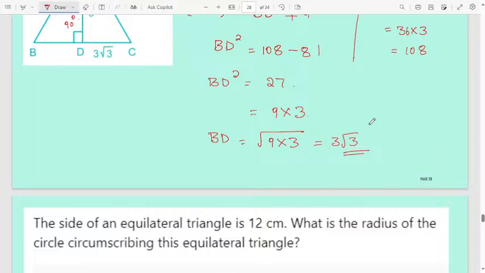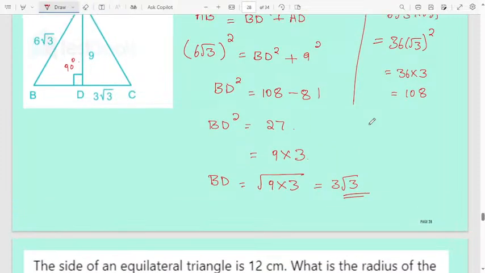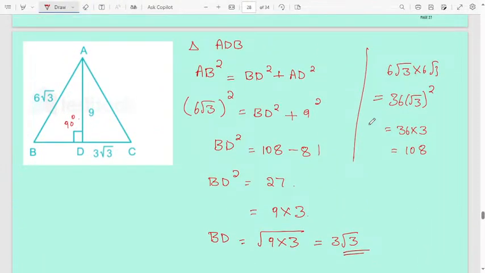Then what is the value of all the three sides? This is 3 root 3 we got. Here this length is the same, 3 plus 3 is 6, so 6 root 3, and this is 6 root 3, and this also 6 root 3. Then we can conclude this is an equilateral triangle. Then each angle will be 60 degree.